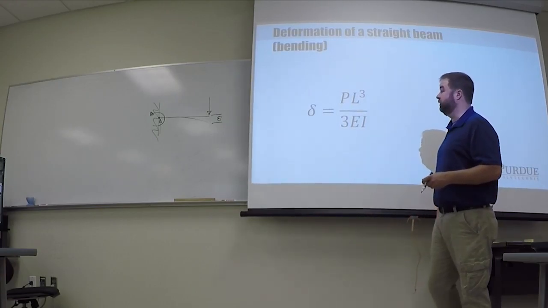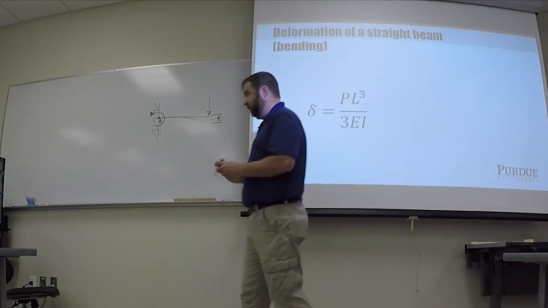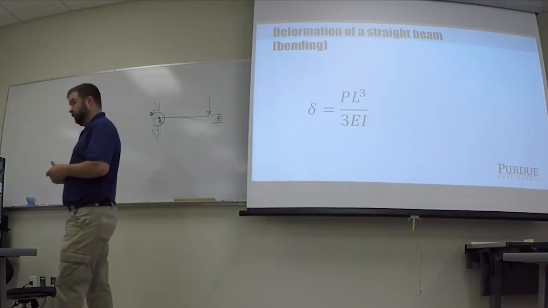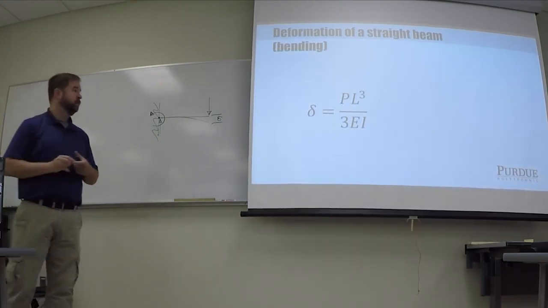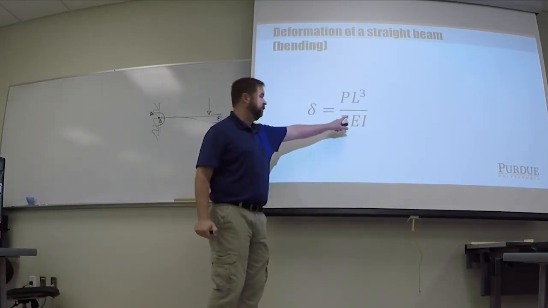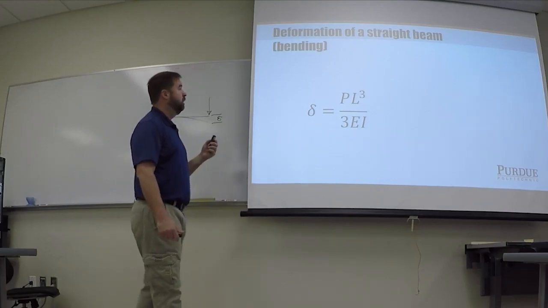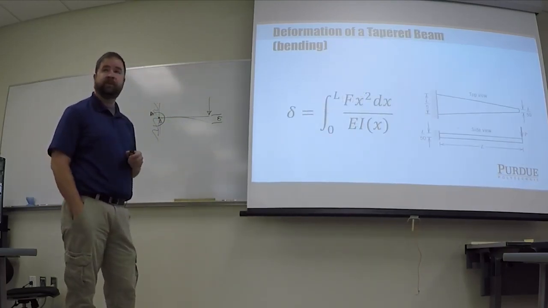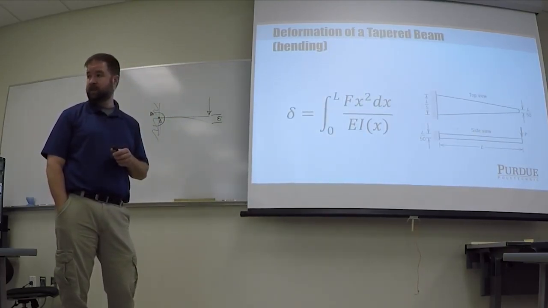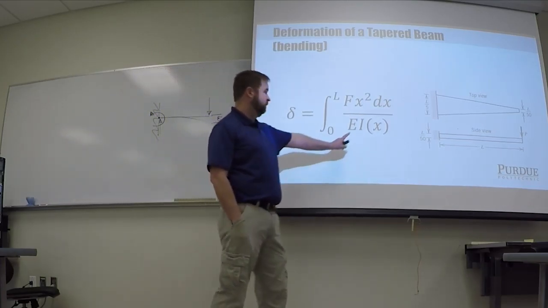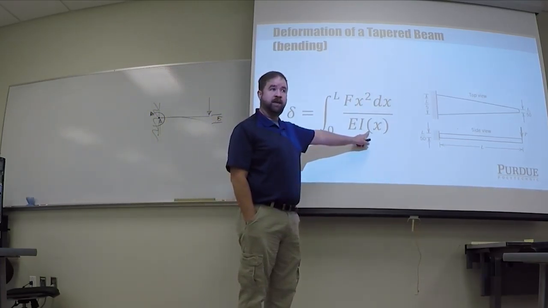We can also look at this tapered beam with a straight beam with bending. So the equation for bending is PL cubed over 3EI, as we talked about earlier. If I want to apply that to a tapered beam, it becomes a calculus problem. Now my I is a function of the location down the length.